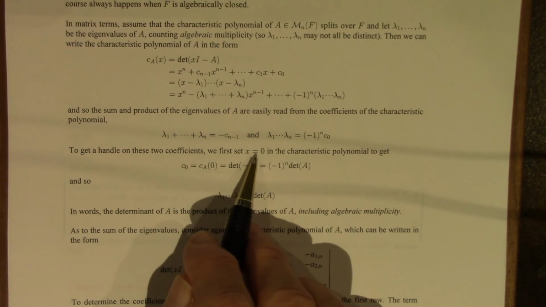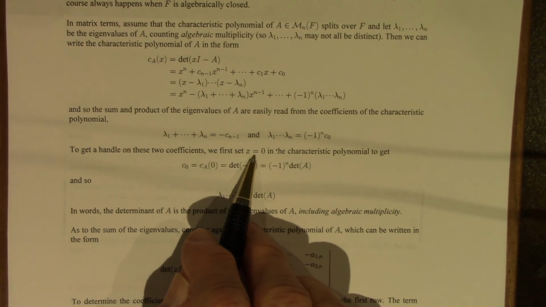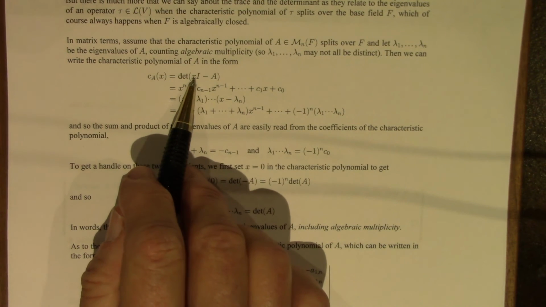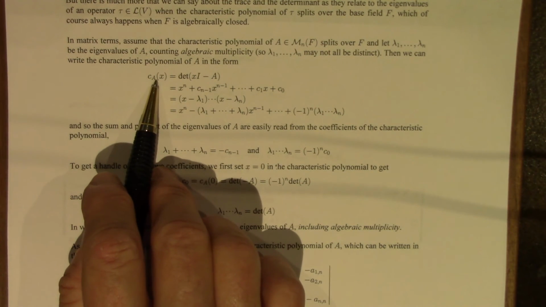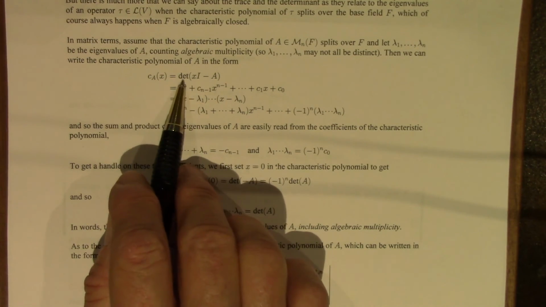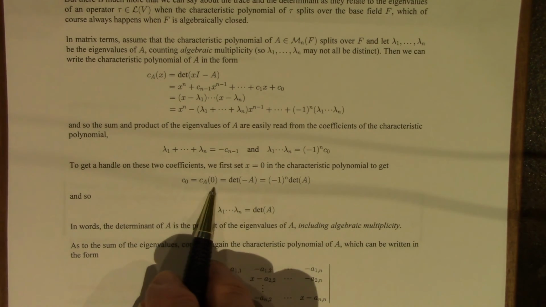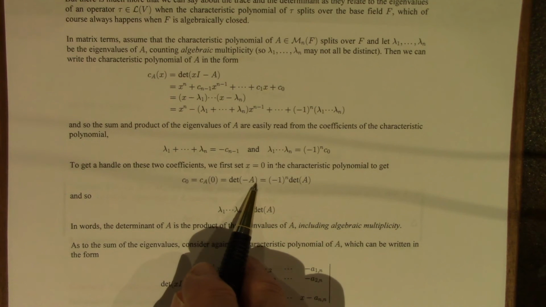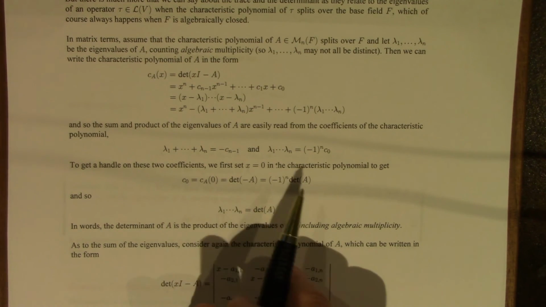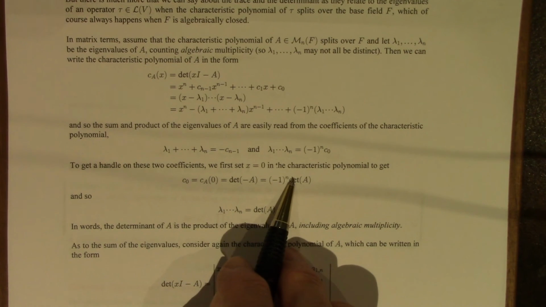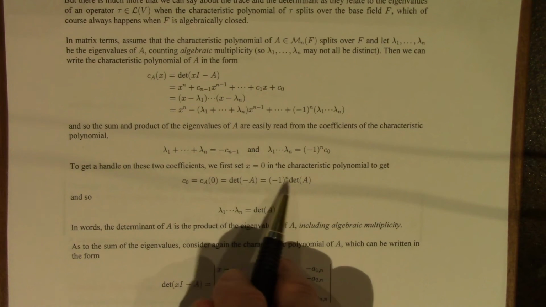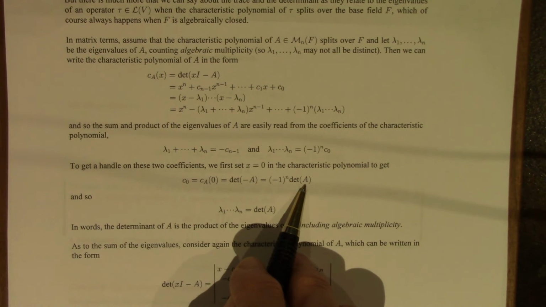if we set x equals 0 in the characteristic polynomial, C_A of 0 is determinant of negative A, and when you pull a negative sign outside a determinant, you have to raise it to the nth power. N is the size of the matrix, so you get this.